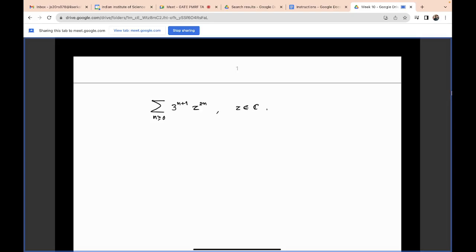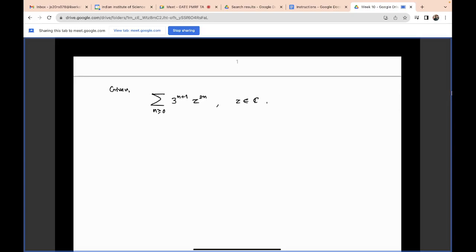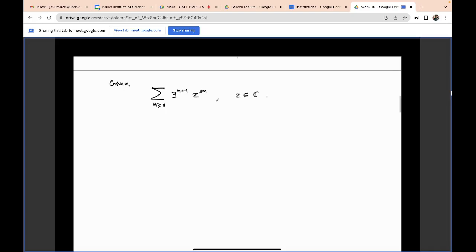You have to find the radius of convergence. So let's first see there is some formula for radius of convergence and what is radius of convergence.